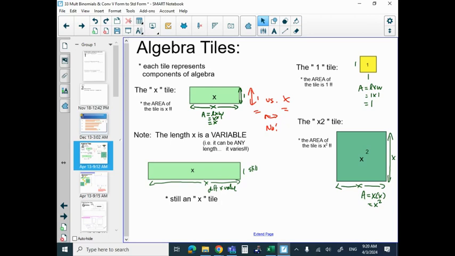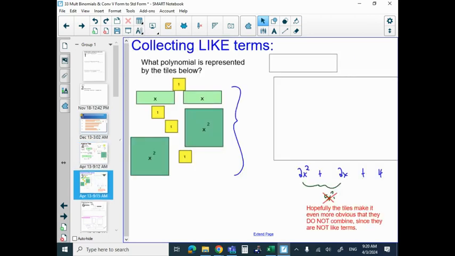All right, so if we're looking at all of those tiles, the question is what polynomial, what algebraic expression, do they represent? It's not really an equation at this point at all, because there's no equal sign. It's just an expression, right?